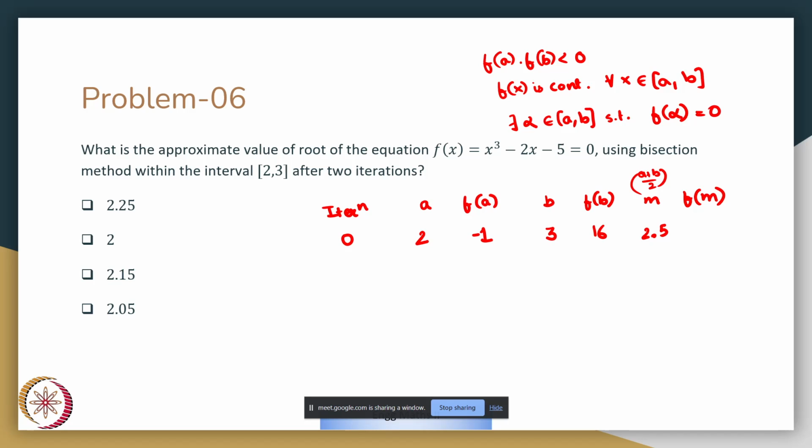So my f of m is f of 2.5, which is 2.5 cube, which is 15.625, minus 2 into 2.5, which is 5, minus 5. So this is 5.625.